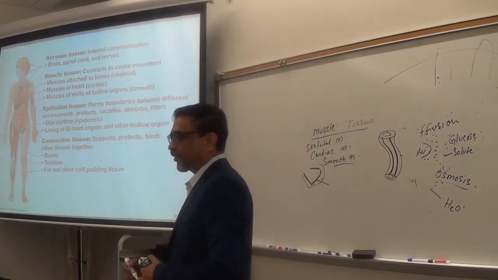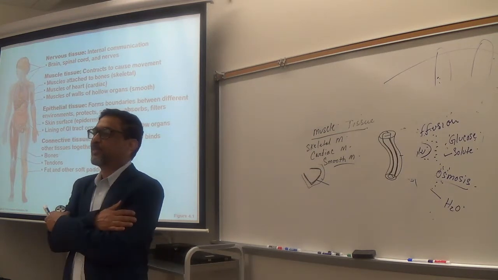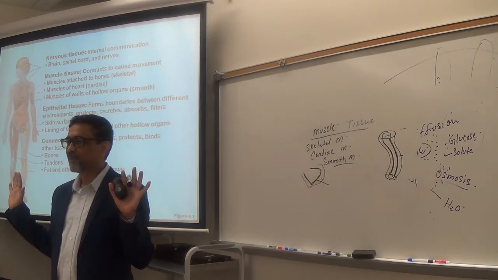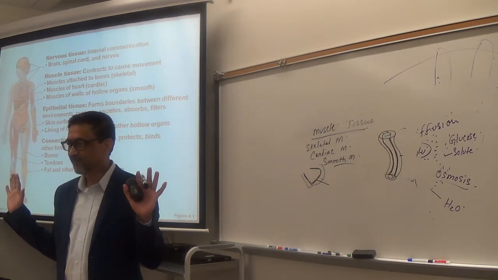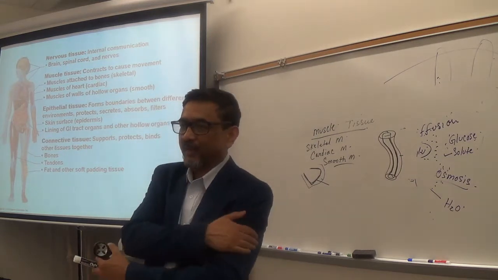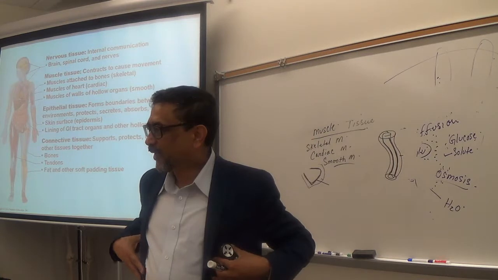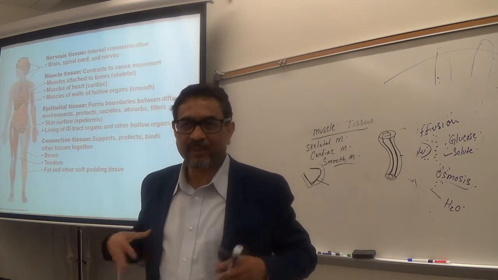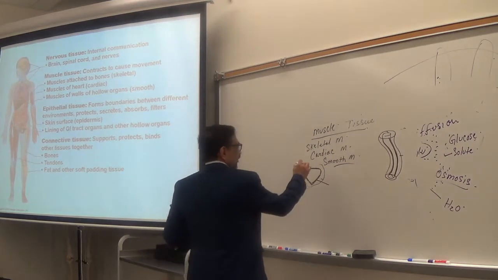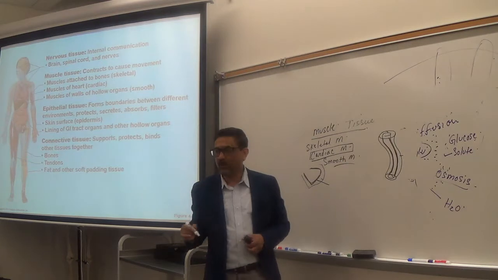Skeletal, cardiac, smooth. Skeletal muscles are attached to the skeleton. Attached to what? Skeleton, that means bones. Is it clear? So, skeletal muscles, these are what? All these muscles are skeletal muscles because they are attached to the skeleton. Is it clear? Cardiac muscle is only present where? In the heart wall, right?